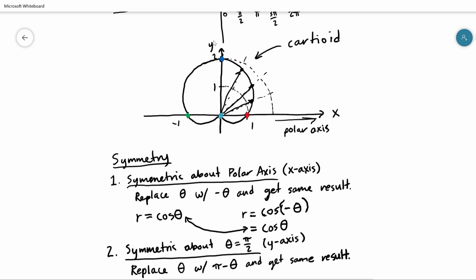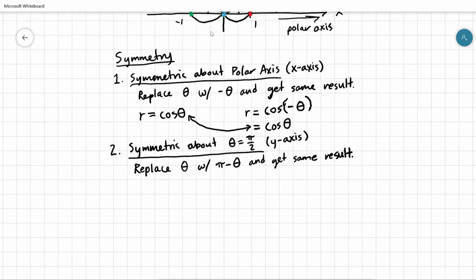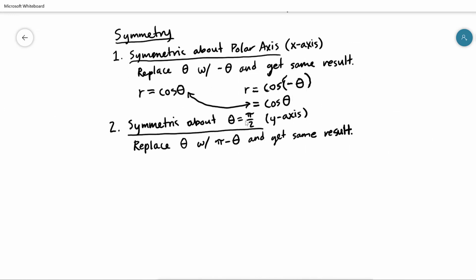So these 2 points, this point is a mirror image of this point. Here's some value theta, here's the angle pi minus that same amount of theta. So there's our theta, here's that pi minus theta. So that's the example of what you would check to see if something is symmetric about the y-axis.